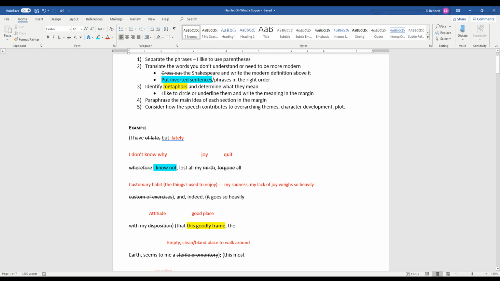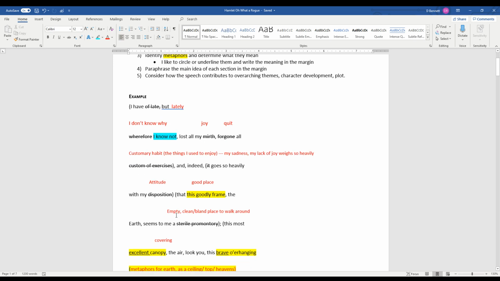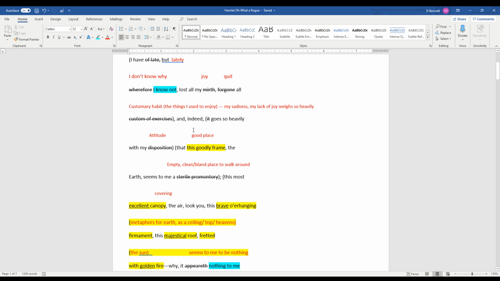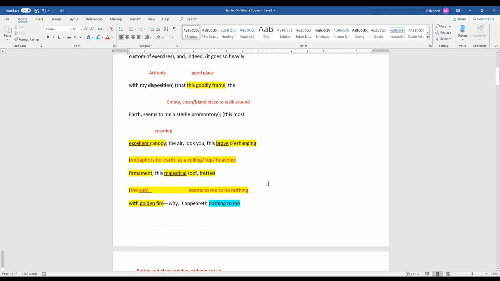My sadness, my lack of joy weighs so heavily upon my attitude that this good place, the earth, seems to me an empty, bland place to walk around. This most excellent covering, the air. Look you, this brave, overhanging firmament.